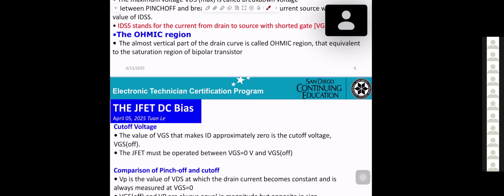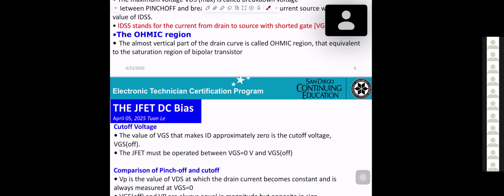VGS off and VP are all the time given the same value. The difference will be opposite polarity. VGS off equals negative, VP equals positive, but the value is the same thing.